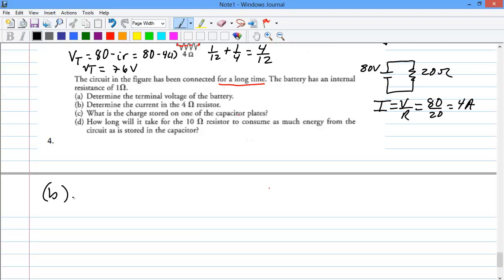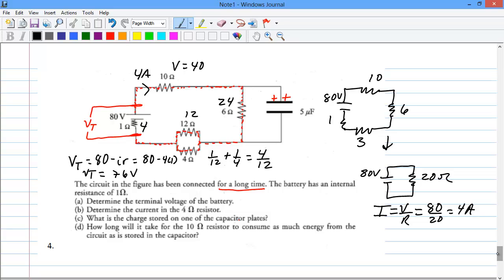For part B, it says determine the current in the 4 ohm resistor. So I know that 4 amps are going through here, 4 amps are also going through here, 4 amps are also coming out through here because they're in series. But then in here it splits up. So I know that those 4 amps are going to have a 3-to-1 ratio.